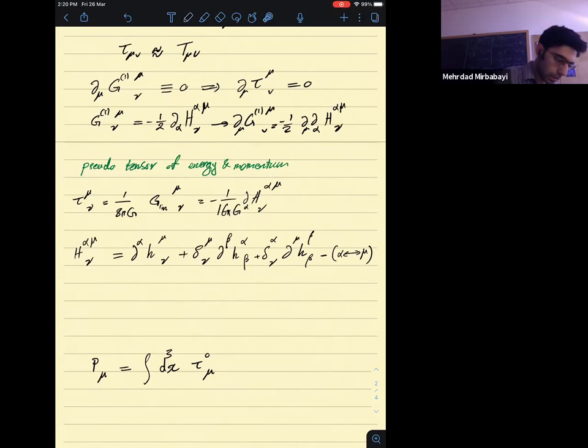But ordinary derivatives commute with each other, while this tensor is anti-symmetric with respect to exchange of alpha and mu. Therefore, this object is equal to 0 as an identity.